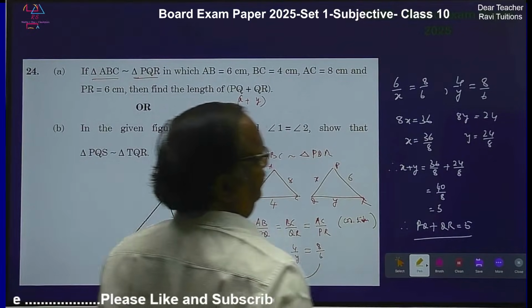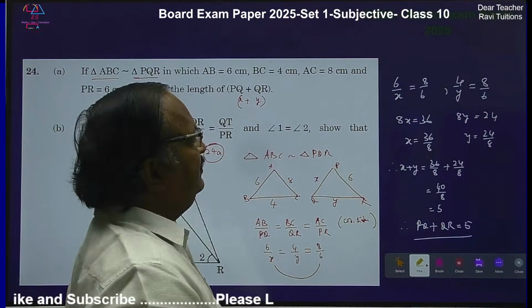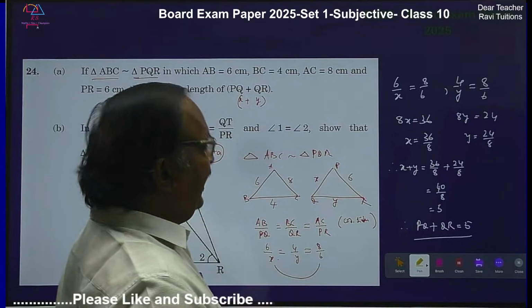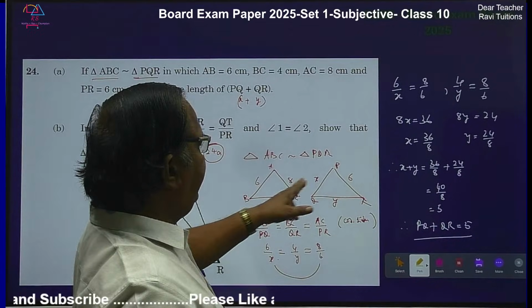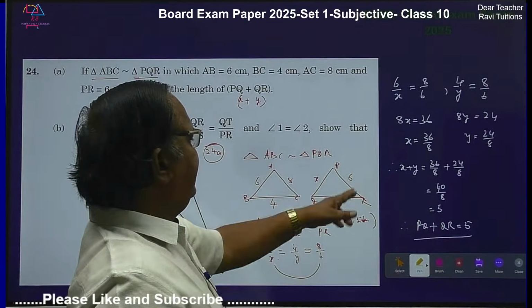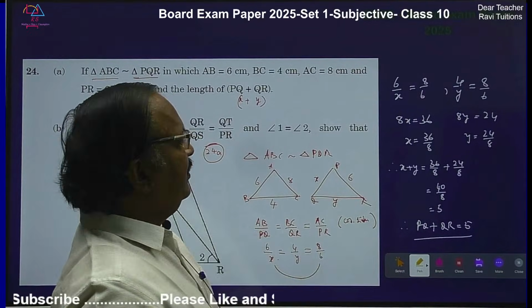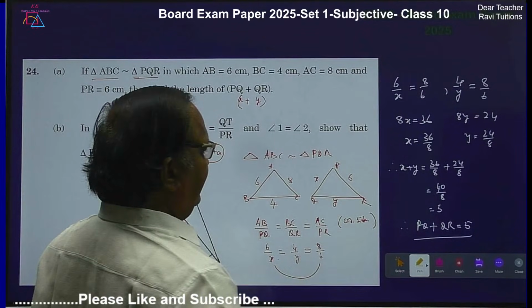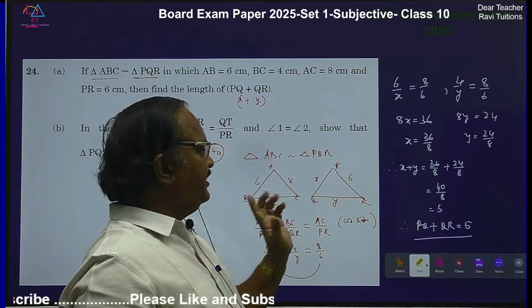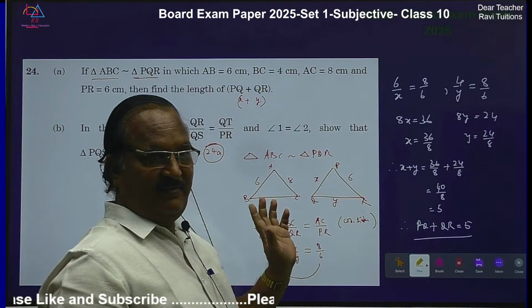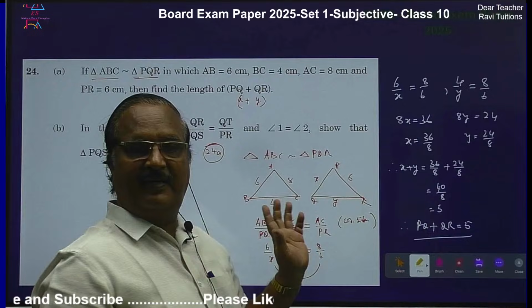Okay. Let me check, because in other questions 8 and 6 are there. These two are looking very small. Let me check again, because this is 6 and the sum of these two is 5. Let me check again one more time.